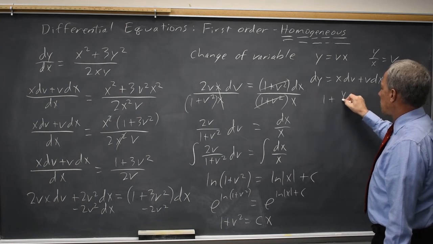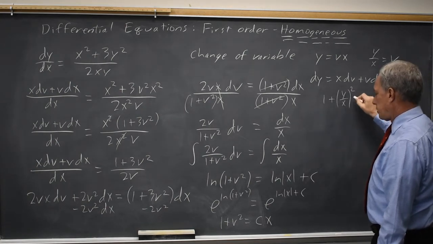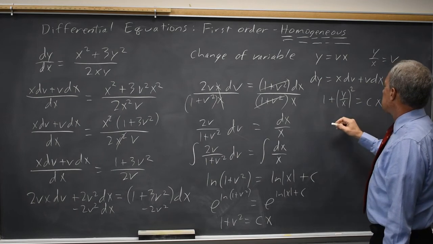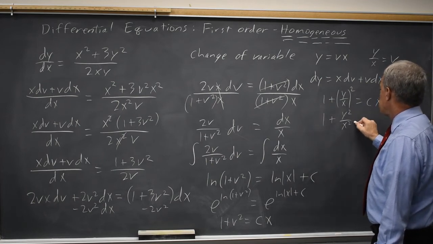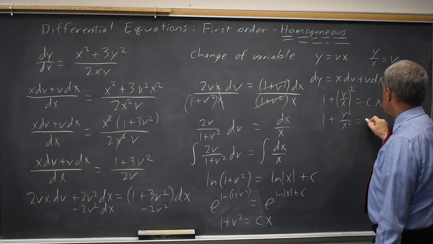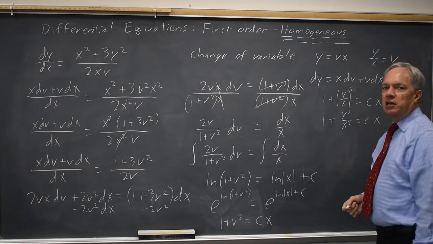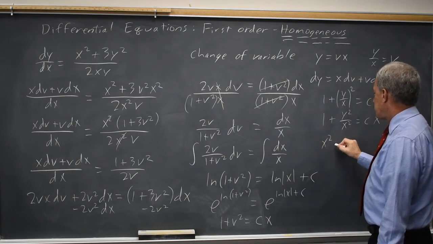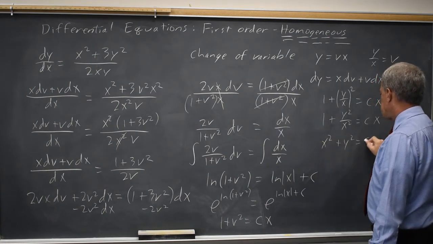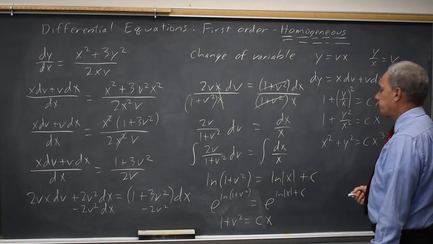1 plus (y over x) squared equals cx. 1 plus y squared over x squared equals cx. I can multiply both sides by x squared and get x squared plus y squared equals cx cubed.